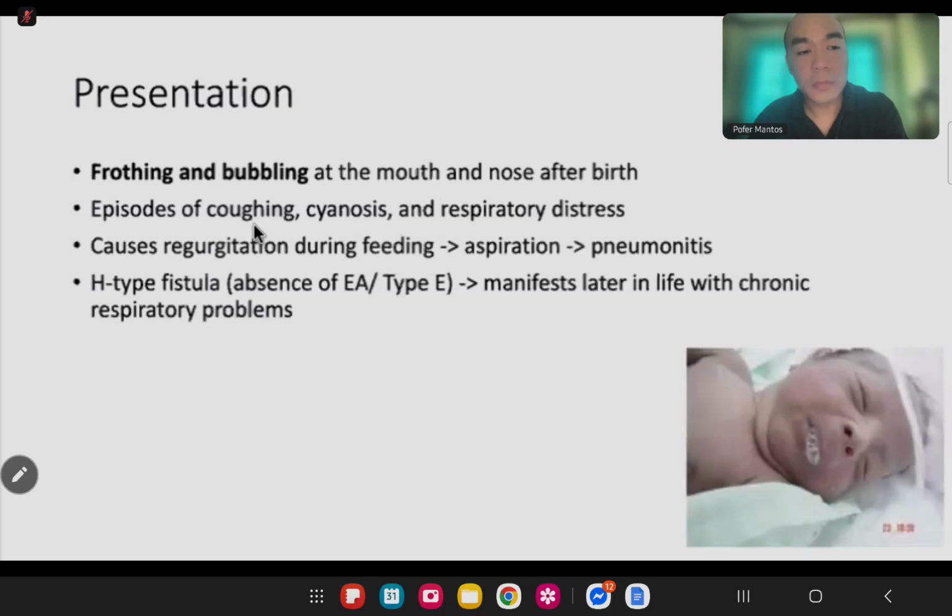Aside from the frothing and bubbling of the mouth, they would also have bouts of coughing, even cyanosis and distress. So you have to be very vigilant in diagnosing this to prevent the onset of aspiration and pneumonitis.